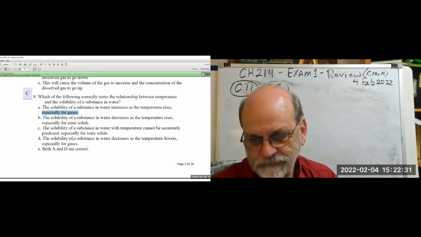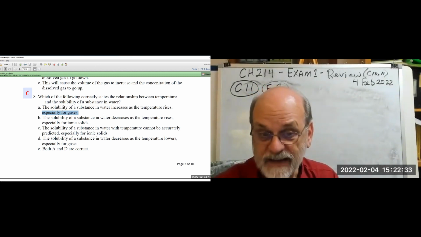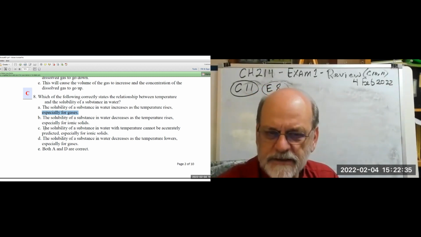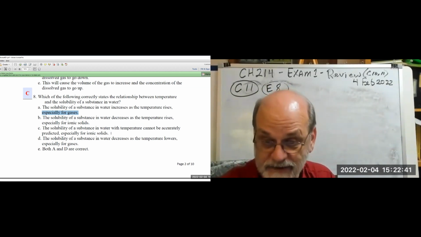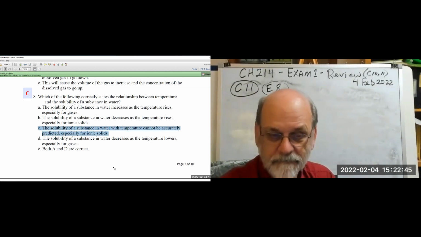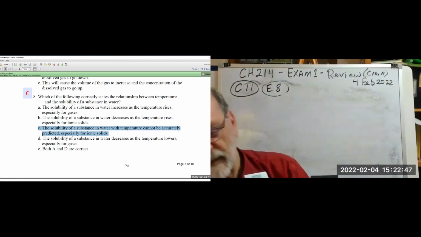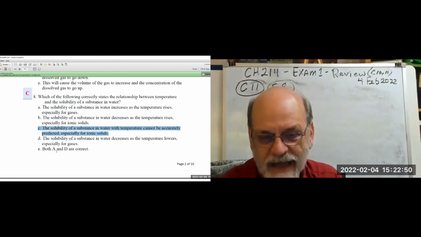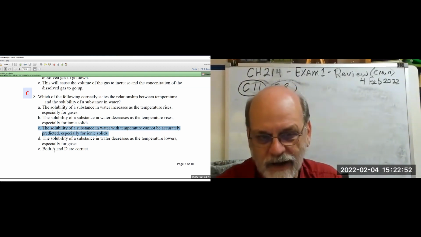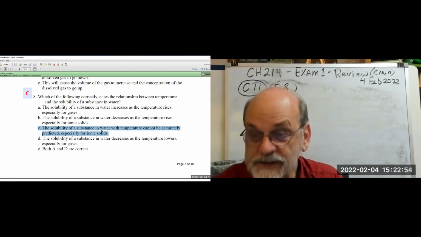So that one's false on its face. C, the solubility of a substance in water with temperature cannot be accurately predicted, especially for ionic solids. That statement is true. And since A and B are false, C has to be the answer.